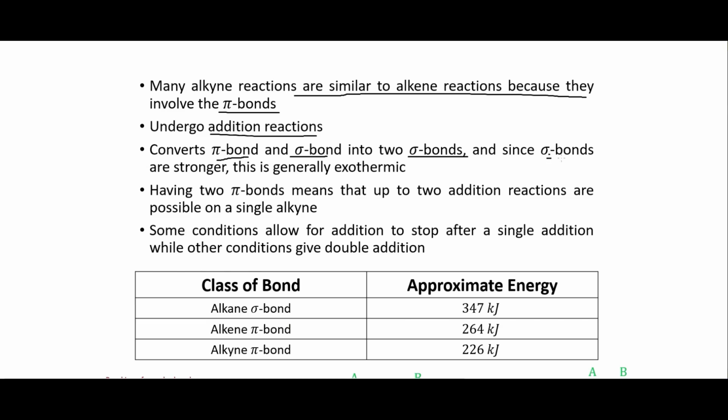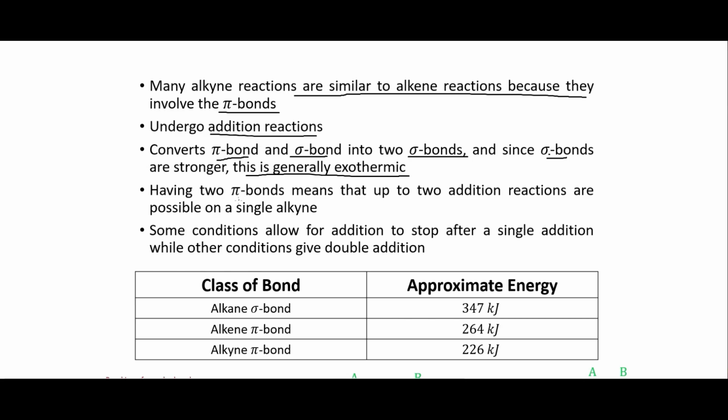Since sigma bonds are stronger, this is generally exothermic, because a stronger bond is one that's lower in energy. Going from a pi bond and a sigma bond to two sigma bonds, we are going to two bonds that together are lower in energy than the two bonds on the reactants.